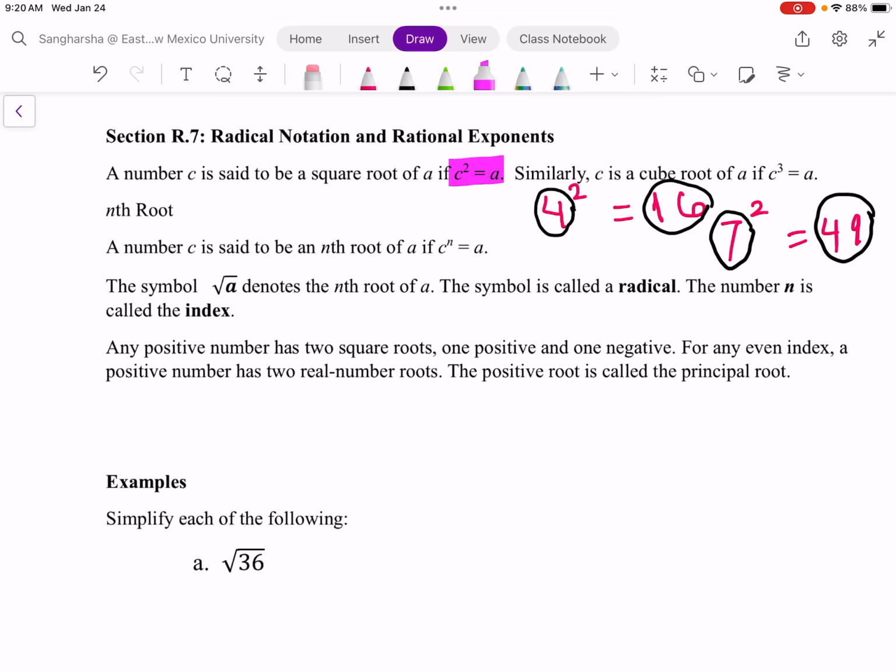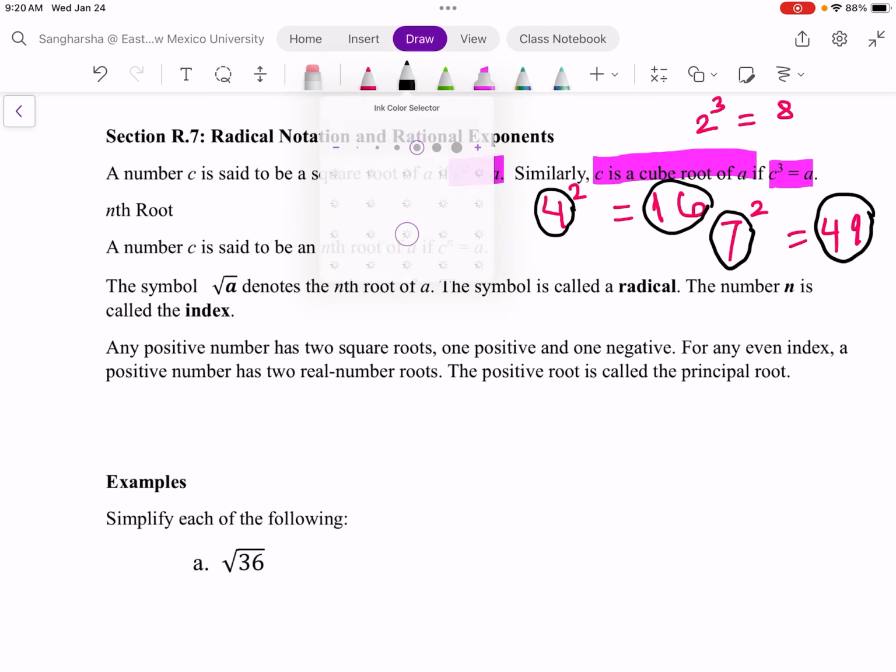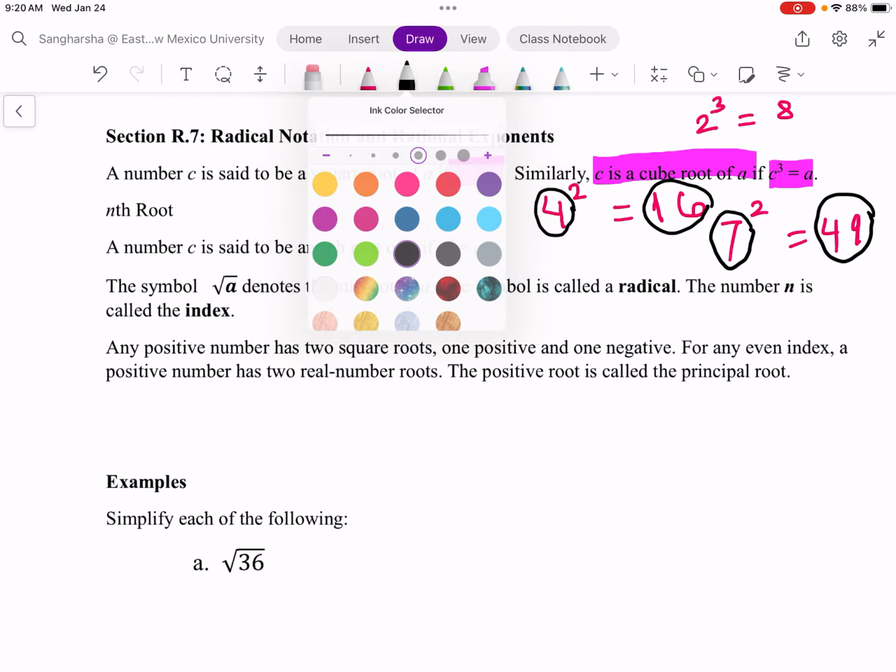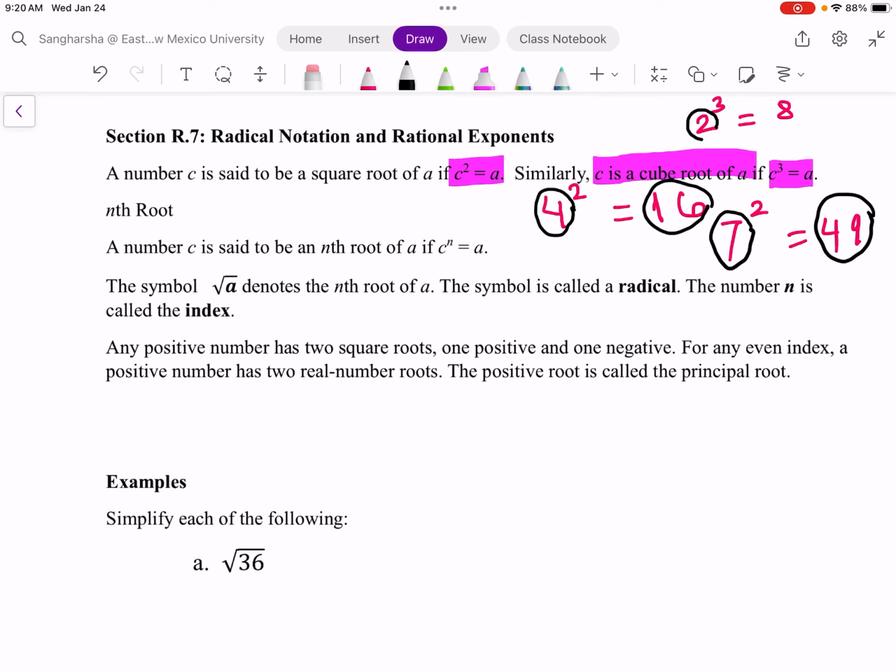Similarly, we have a number c which is a cube root of a if the cube of c is equal to a. For example, we have 2 cubed, and the cube of 2 is equal to 8. So this 2 is a cube root of the number 8.